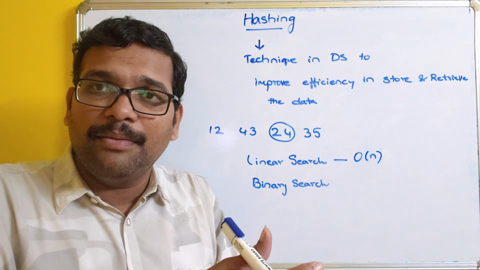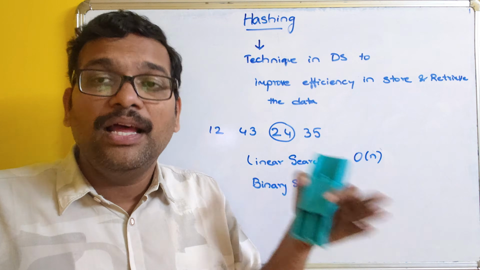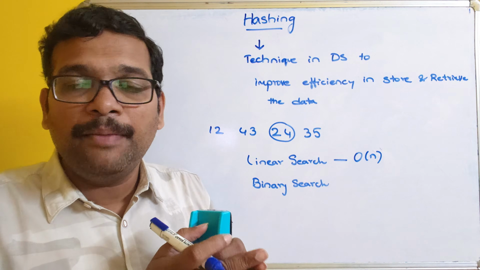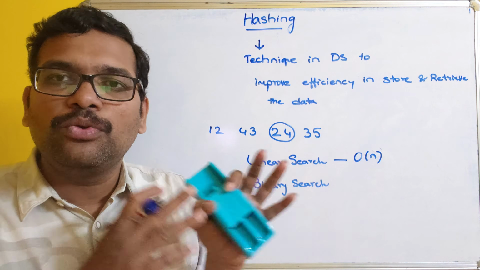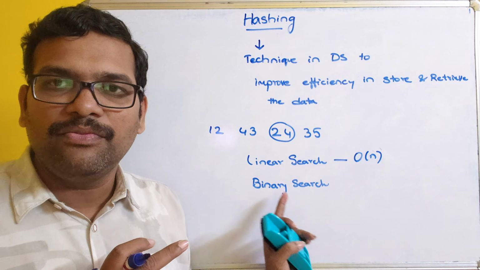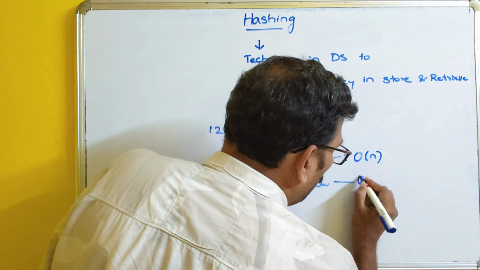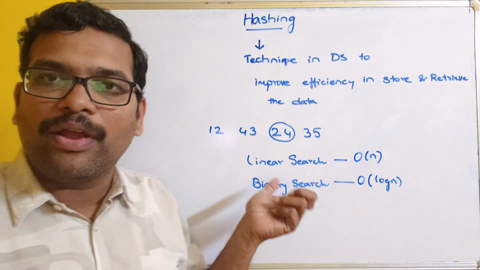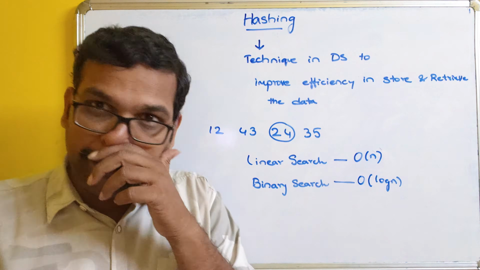We calculate the middle element, divide the elements into two partitions, and decide which should be considered for further search based upon the middle element. One constraint is that all the elements should be in sorted order. Even so, we require order of log n complexity to perform this binary search.